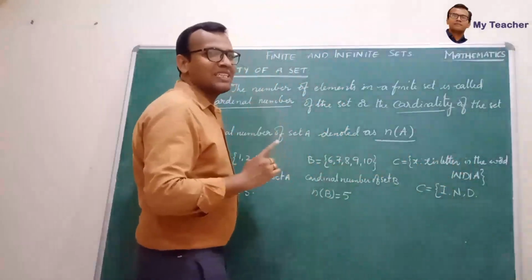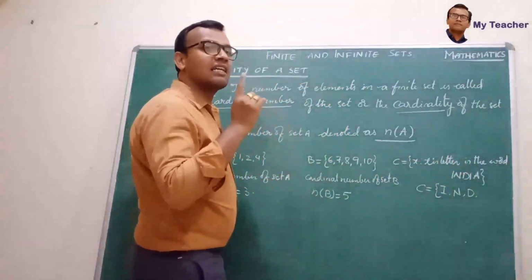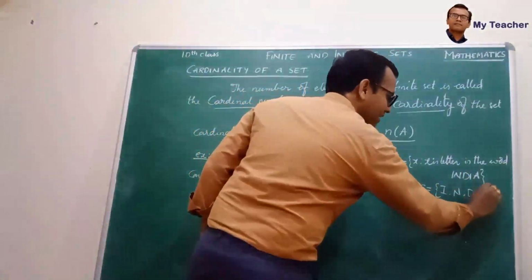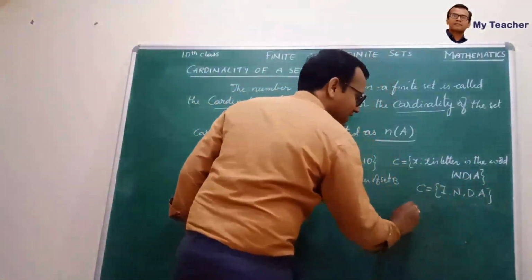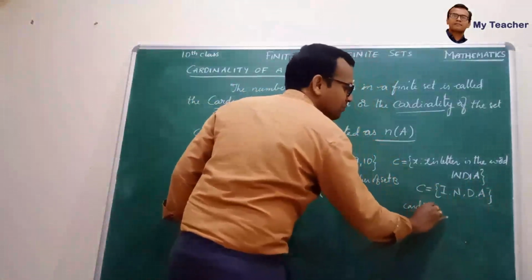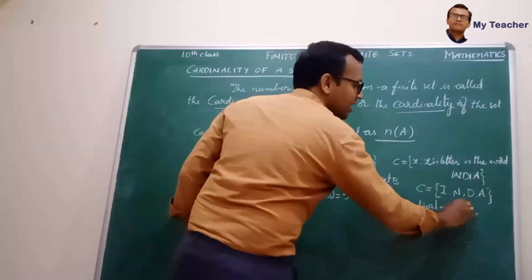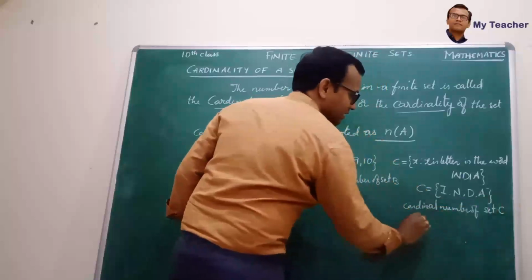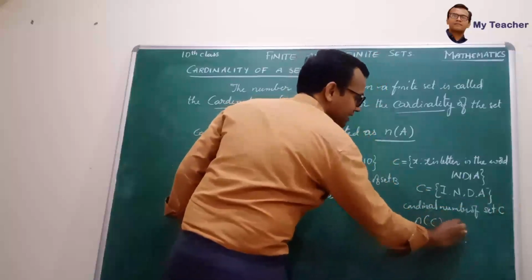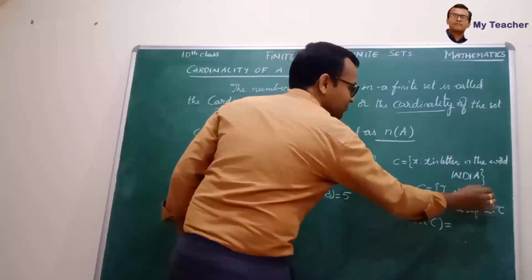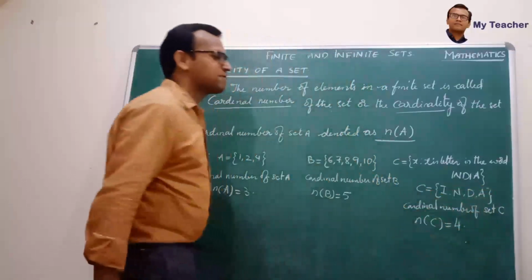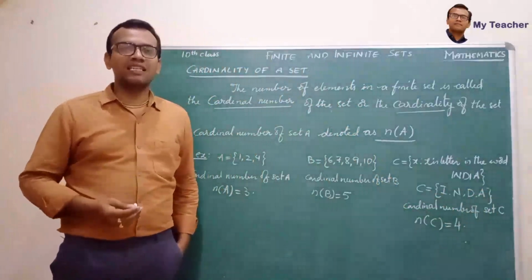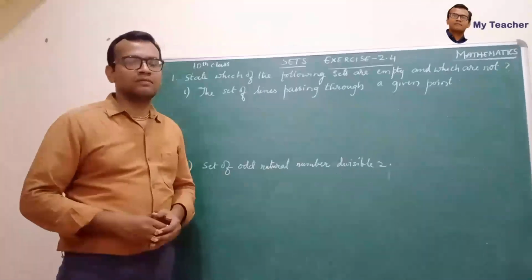We know this already because the elements of a set are distinct. So I is already there. So what is the cardinality or cardinal number of set C? n(C): 1, 2, 3, 4. So it is 4. Like this, we can write the cardinality of a finite set.